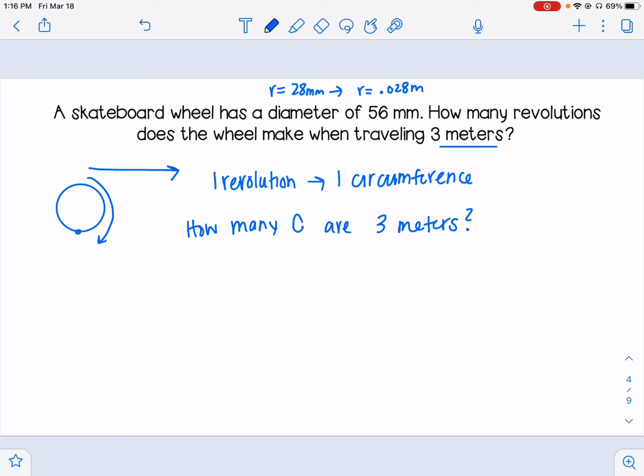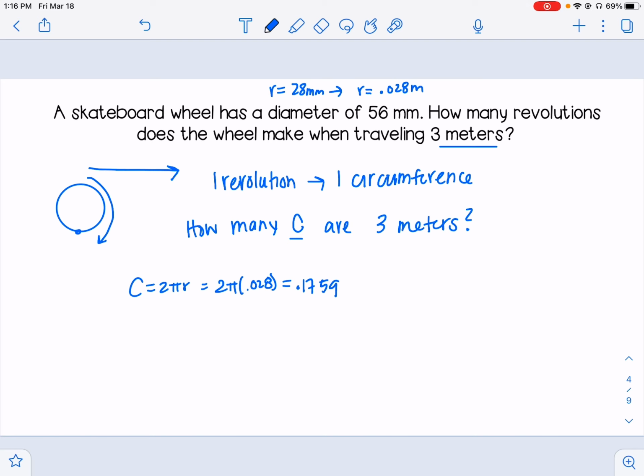So the first thing I did was I figured out, well, what is the length of one circumference? So I said C is equal to 2 pi r, which we know is 2 pi, and we have our r from above, 0.028. When I did that, I got 0.1759 approximately, and this is in meters.